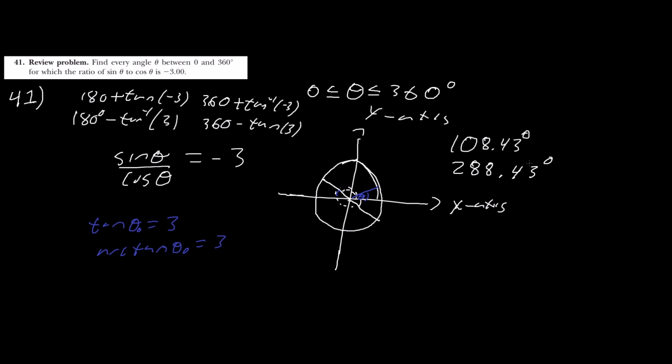So both of these, if you were to test these values, tangent of theta, so sine of theta divided by cosine of theta, would be -3. And if you test the other one, you should get the same thing, and you do, folks. So realistically, these are the solutions.